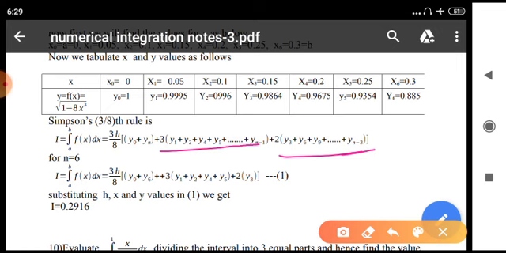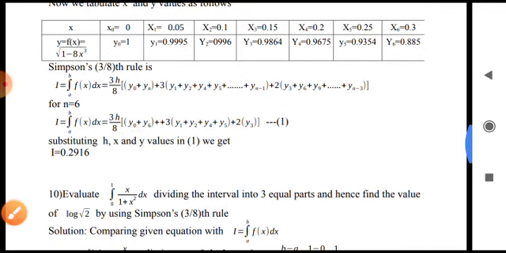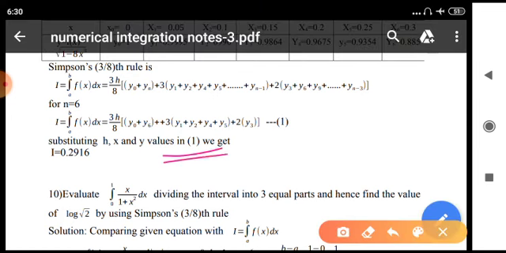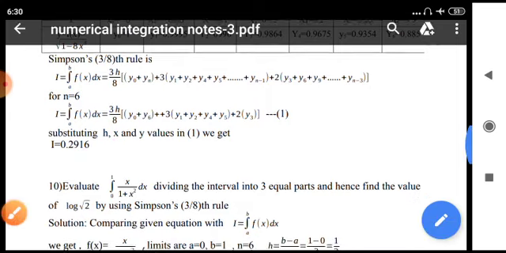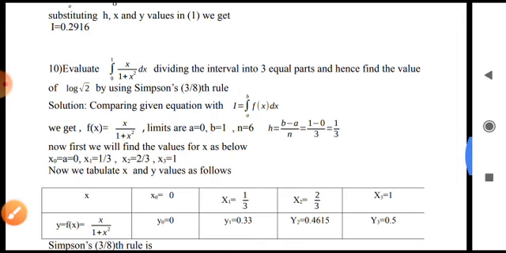So for n equal to 6, the formula reduces to 3h by 8 times y0 plus y6, plus 3 times y1 plus y2 plus y4 plus y5, plus 2 times y3. Substituting the h and y values in equation 1, we get I as equal to 0.2916.